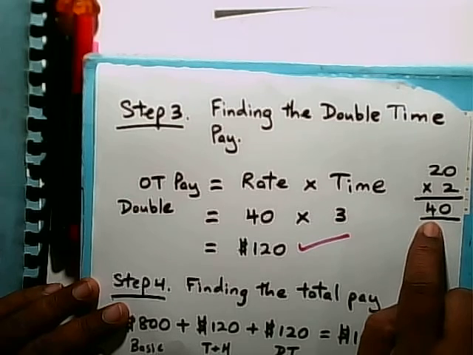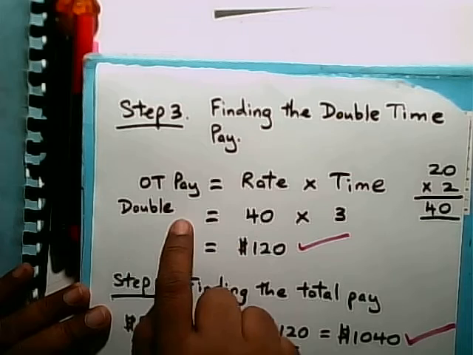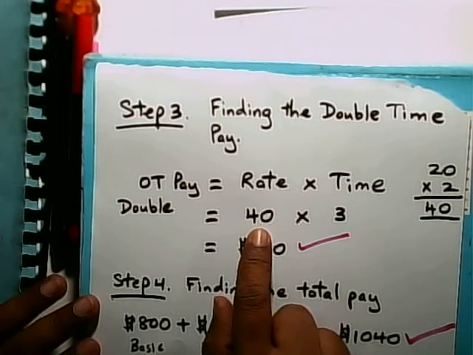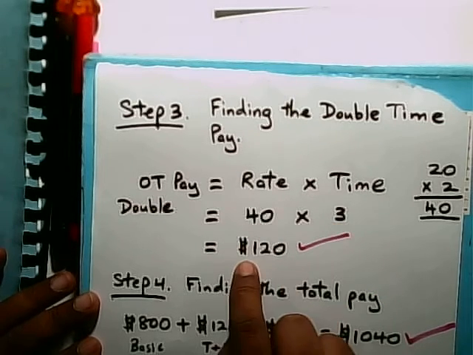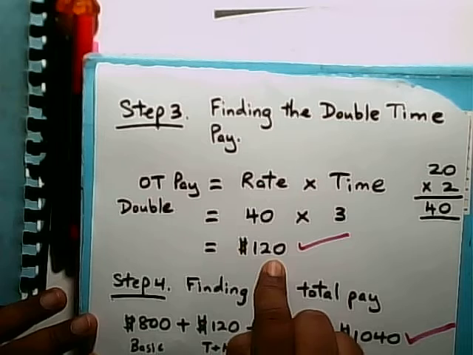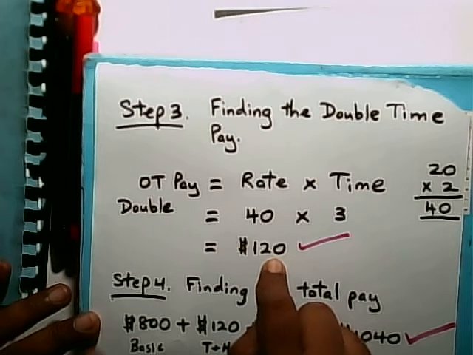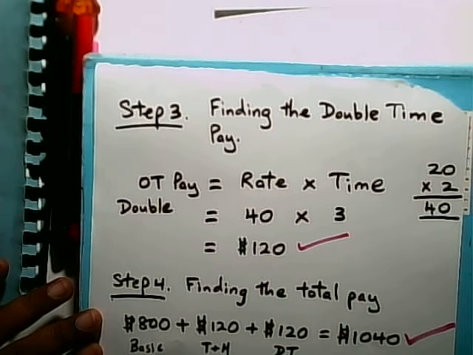He's now getting paid $40 for every hour. So his overtime pay would be a rate of $40 an hour, 3 hours of work, 40 times 3. So he will earn another $120. And that's for the 3 hours extra on Saturday.